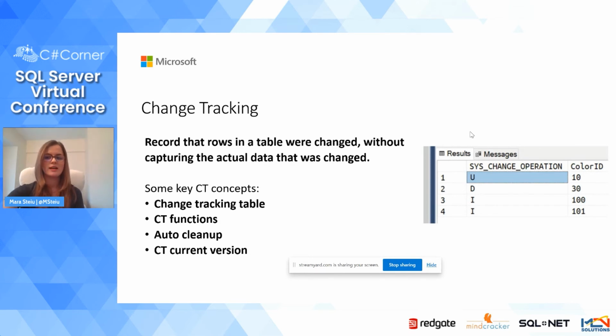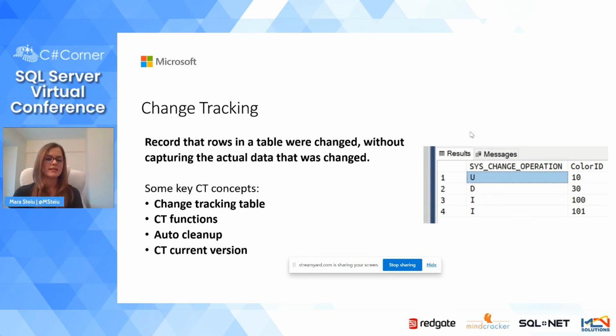Some key concepts: you have the change tracking table. Every table with change tracking enabled, similar to CDC, has an internal table used by the change tracking functions to determine change versions and rows changed since a particular version. Then you have the change tracking query functions. These again supply the details on the changes in an easily consumed format, so you can get all kinds of data on the changes.